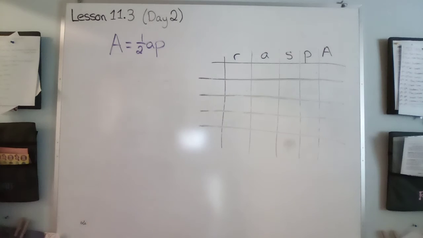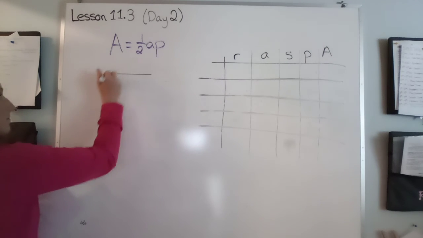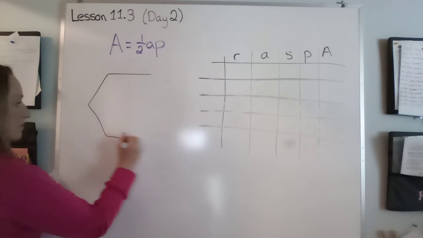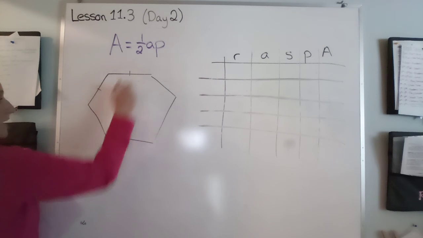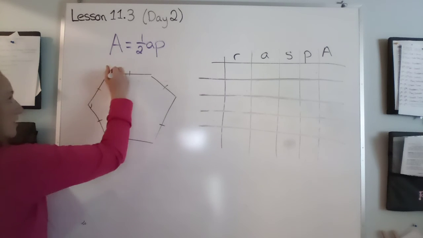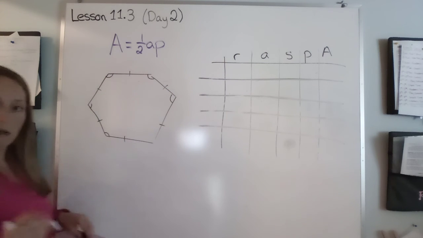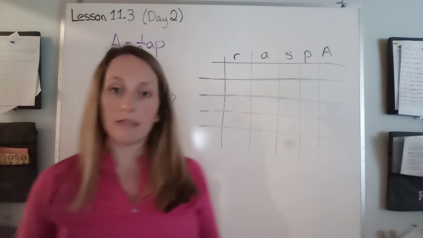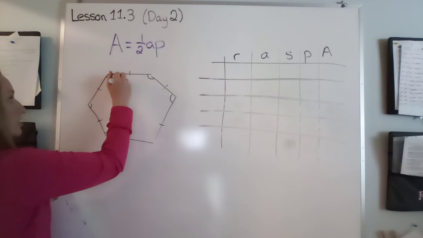Okay, so for a hexagon, it's a regular hexagon. All the sides are congruent and all the angles are congruent. Now you can figure out the measurement of each angle by using n minus 2 times 180 divided by n, which was from an earlier chapter, and you'll get 120.